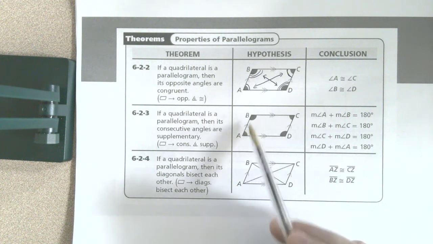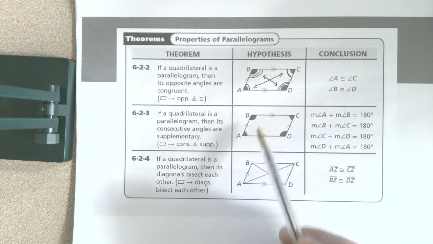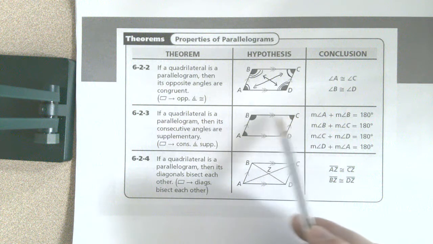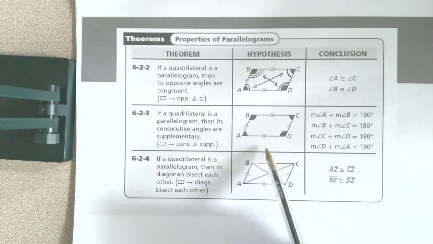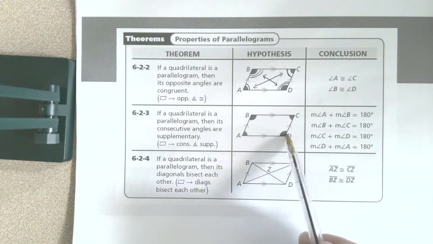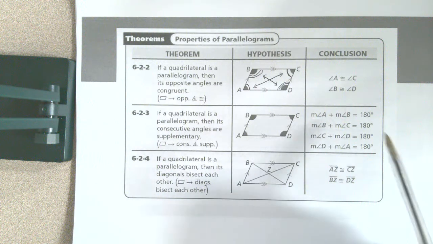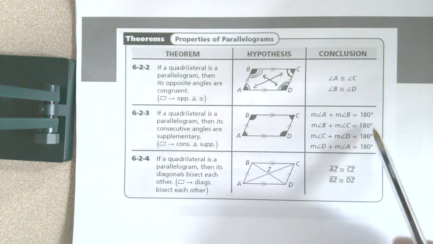A and B would be supplementary. Those are same side interior angles. B and C, those are same side interior. C and D, and A and D, or D and A. Again, those are going to be supplementary.